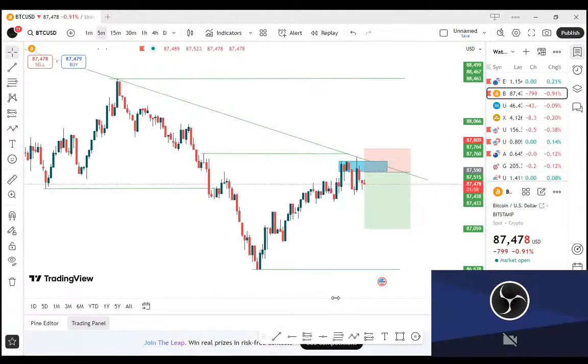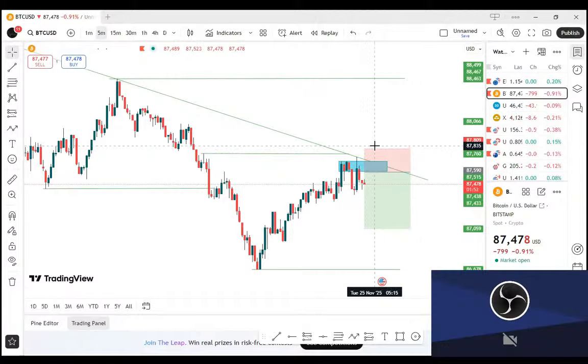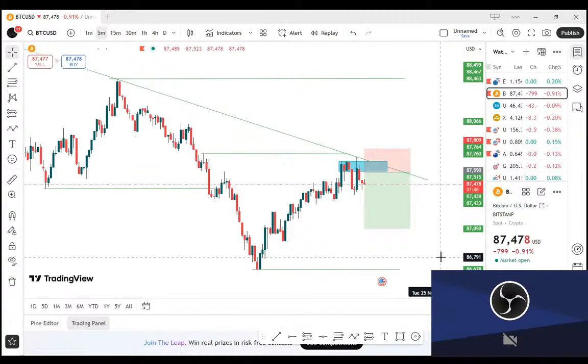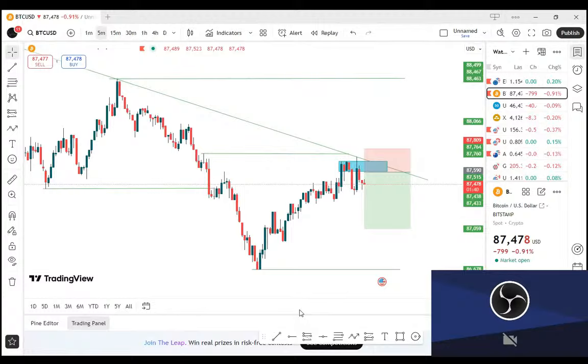So this is 219 pips, which is very little. It depends on the lot size you're using. Like if you're using $1, because I'm going to be using $1 on this, and it goes against me, I'll be losing about $219.